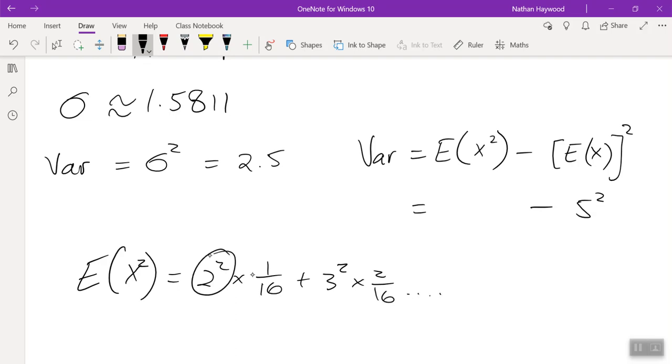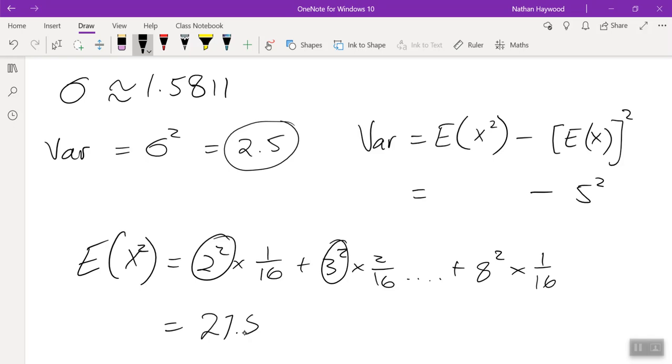So I'm squaring all the x's. Does that make sense? So you get 27.5. So the variance is 27.5 minus 25, which is 2.5. That's another way of finding the variance.